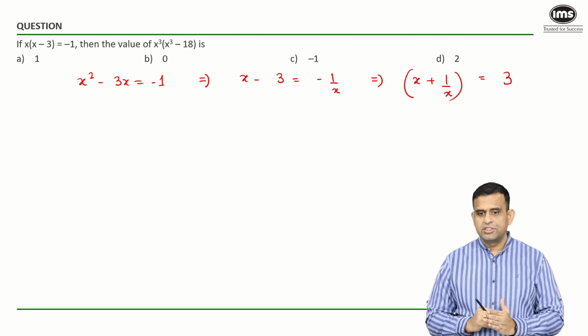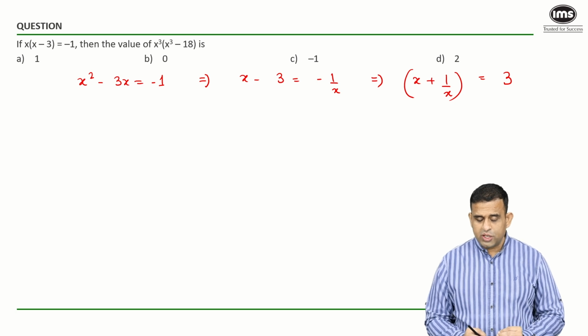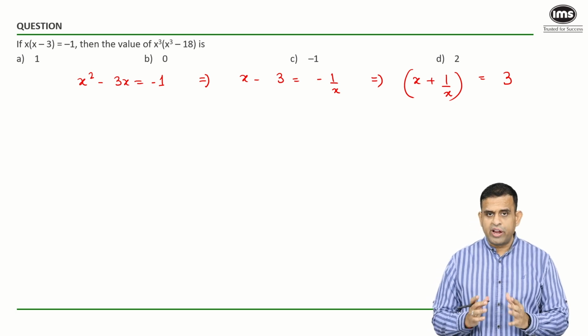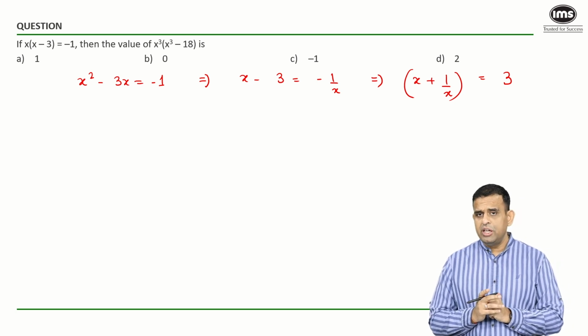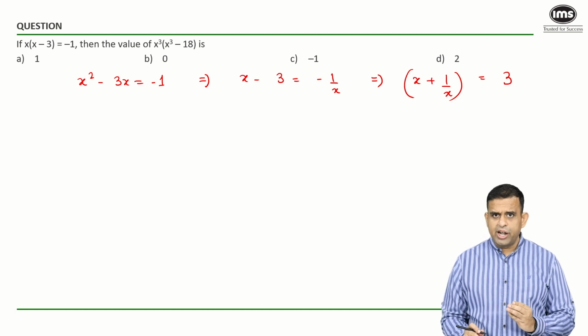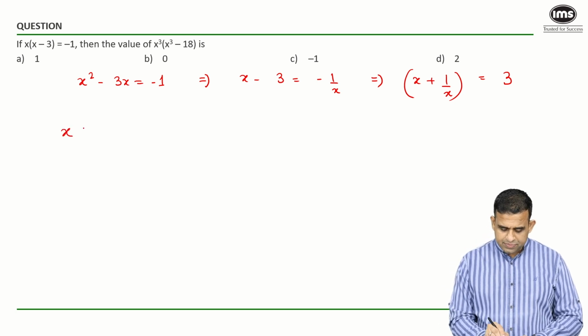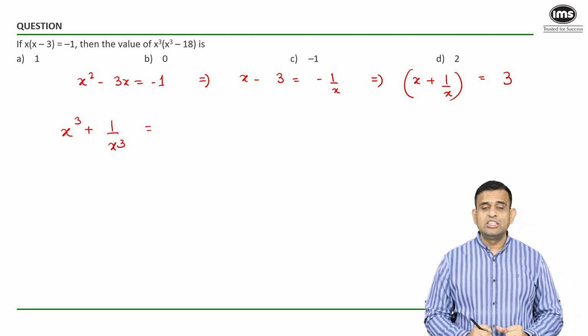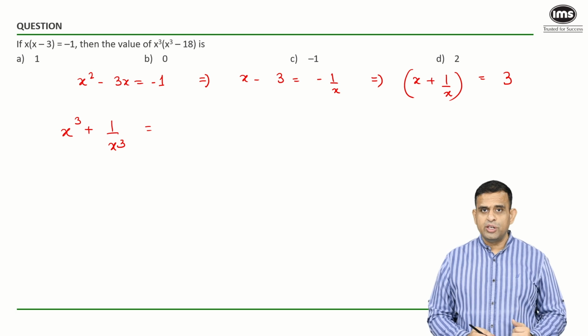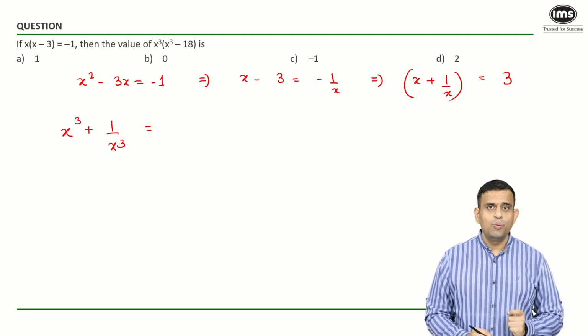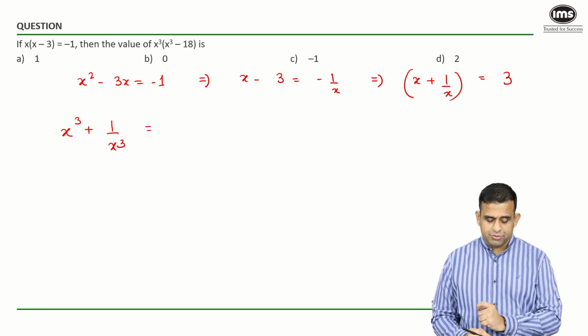Now what we can do next is, if I know x plus 1 upon x equal to 3, and somewhere we have to find out x cube into x power 3 minus 18, I can possibly try to find out the value of x cube plus 1 by x cube. And for this we will take the help of a known algebraic formula. a cube plus b cube is equal to a plus b whole cube minus 3ab into a plus b.